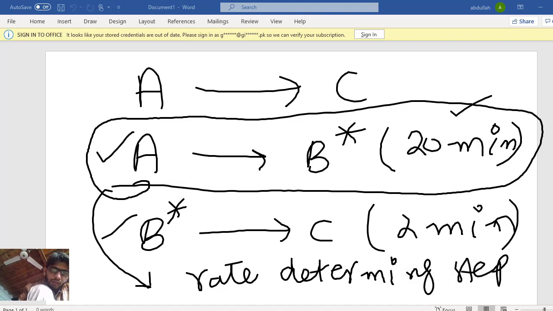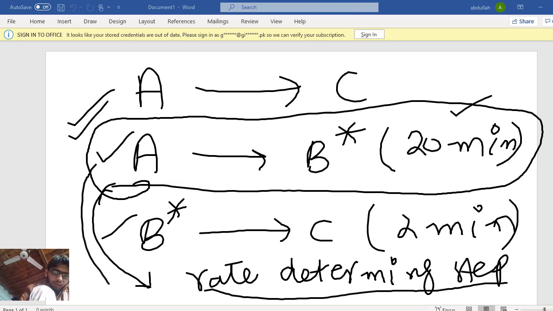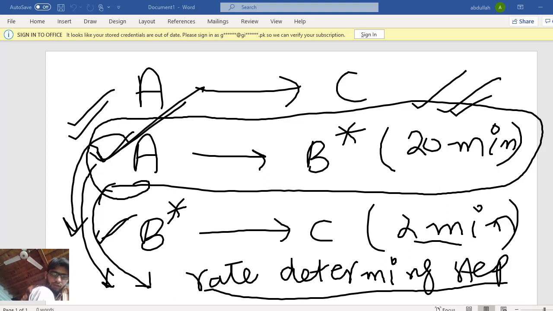The slowest step of the reaction mechanism is known as the rate determining step, and the rate of reaction can be obtained from this slowest step. This step took place in 20 minutes and this step took place in 2 minutes. So this is the slowest step, and the rate and order of reaction can be obtained from this slow step of the reaction, and it is called the rate determining step.